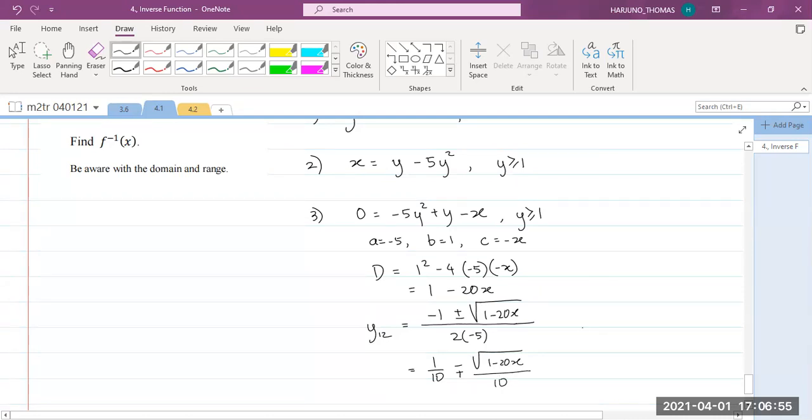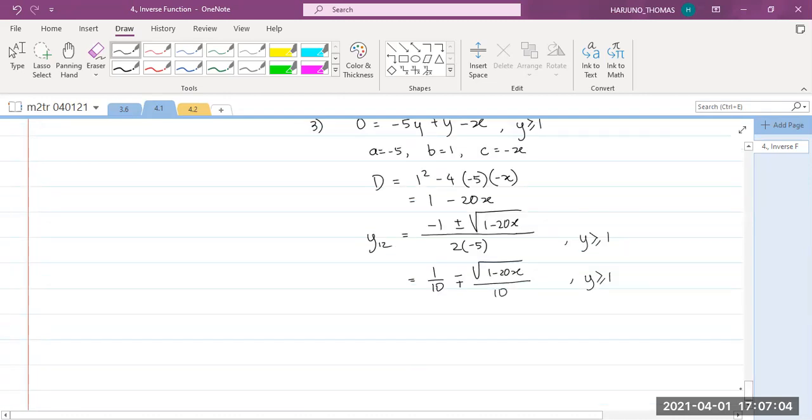But the y has to be at least 1. But you don't do a restriction on the y, you don't do a restriction on the y when you restrict the x, right?